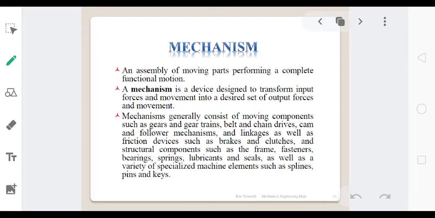In a mechanism we are able to transmit motion from one part to another. That is the main important difference between structures and mechanisms. Mechanisms basically have moving joints.